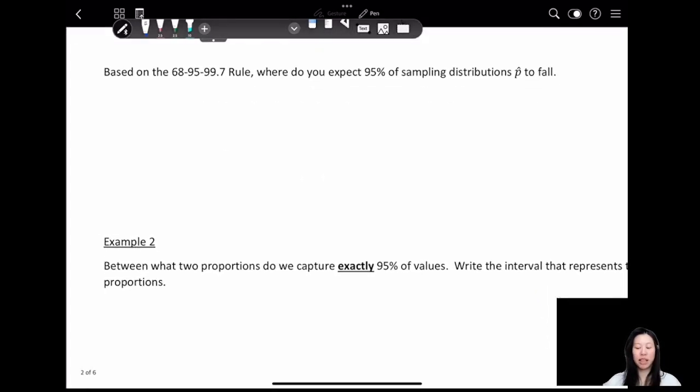So what do you expect 95% of the sampling distribution of p hat to fall within?